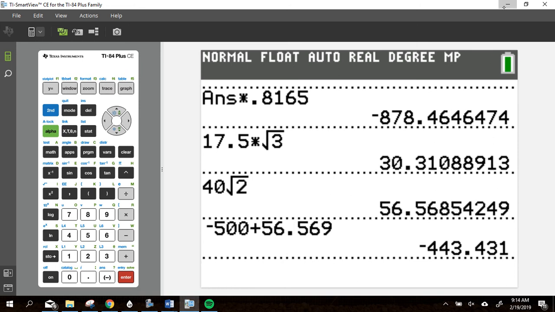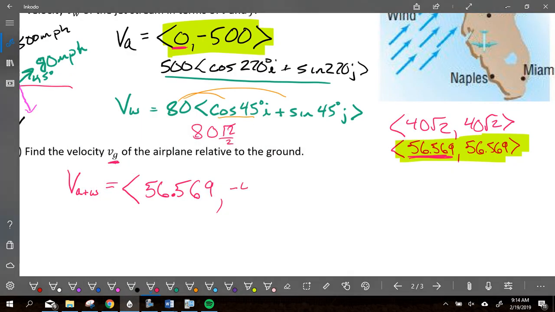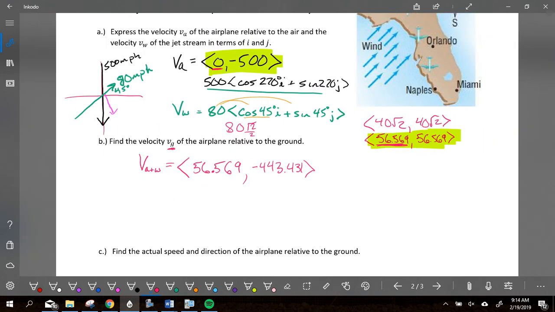Negative 443.431. Everybody good with that part? That was easy. All it was taking my x's and my y's from above and adding them together.